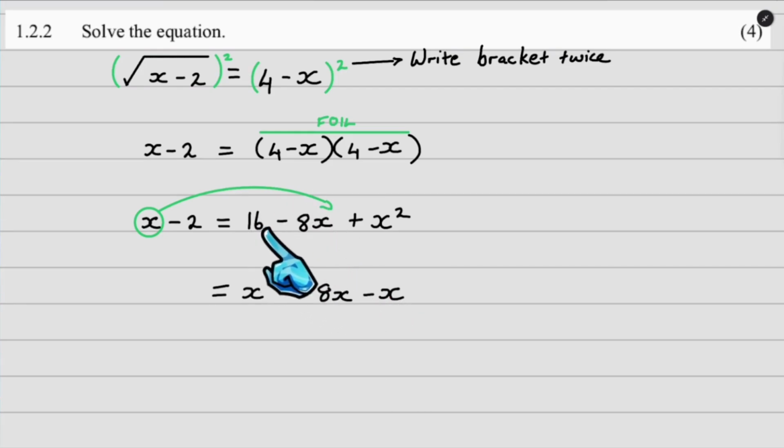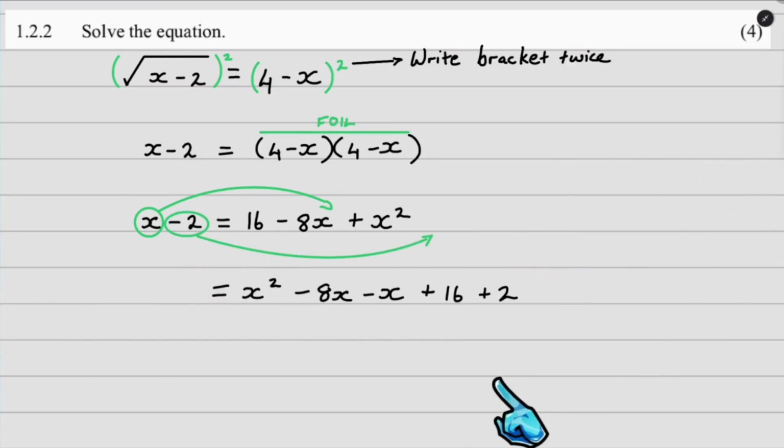And then the 16 will go at the end, and I'm also going to bring this minus 2 over to the end. And now that I've taken everything over from this side, this is a 0. There's nothing left over there. So now let's quickly sort out these like terms here and here, as well as here and here, and then our standard form is done and we can start factorizing.